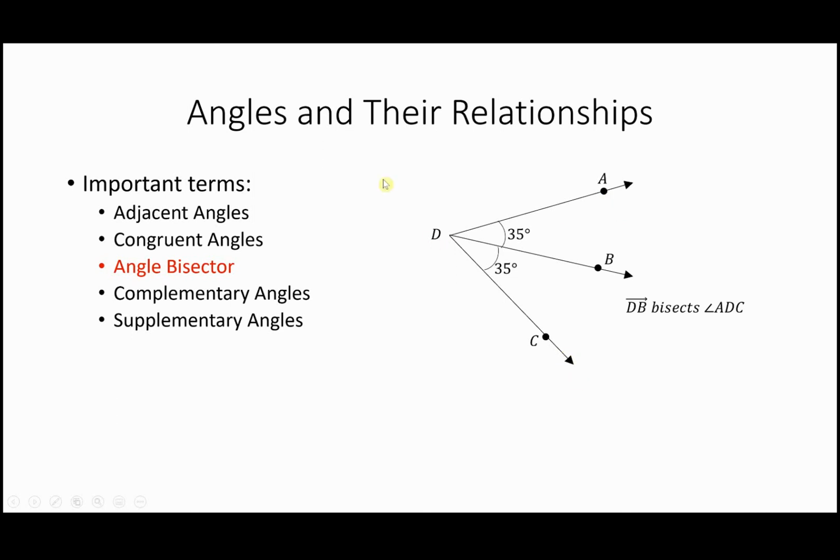And I want to bring up something a little bit off topic before we get into complementary and supplementary angles. You would not, in this case, name this angle right here angle D, right? You have to be a little bit more specific here because there's more than one possible angle being named that shares this vertex D. So you have to really use the three-letter name at the very least in regard to naming the angle that you're referring to.